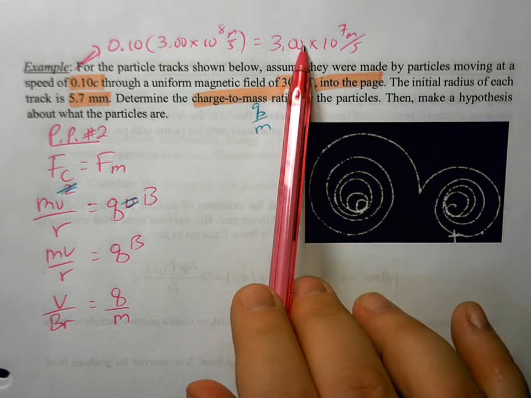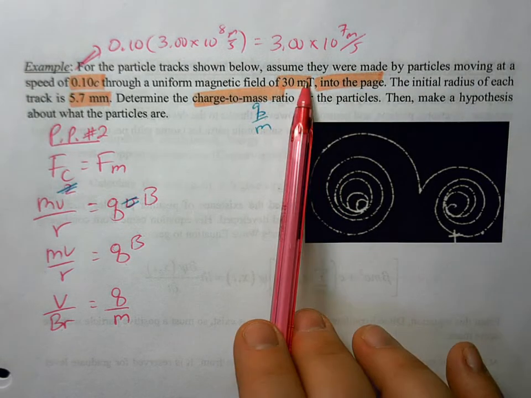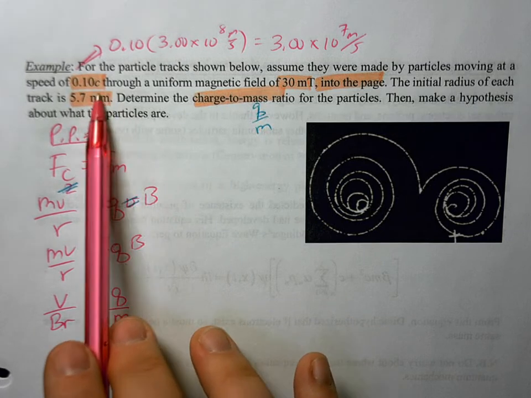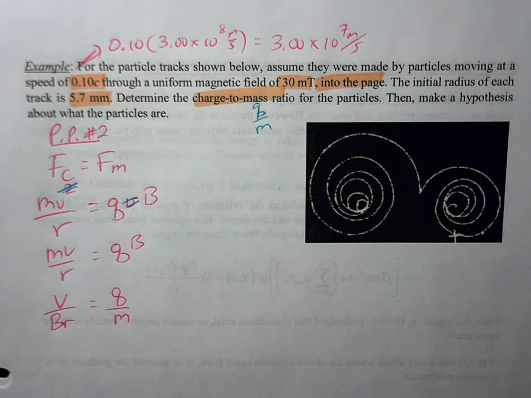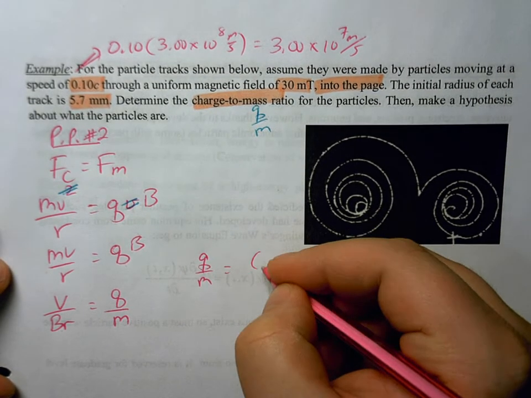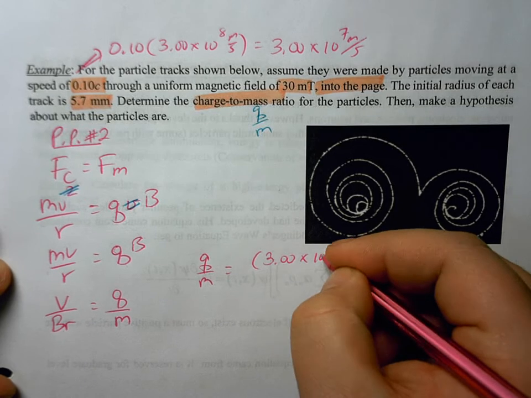We're given the speed, the magnetic field strength, and the radius. We just need to be careful here. We have millimeters and millitesla. We want to make sure that those are in tesla and meters. So for q over m, we have our speed of 10% the speed of light.